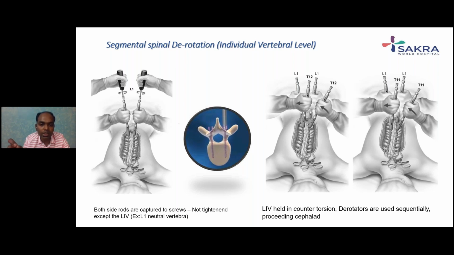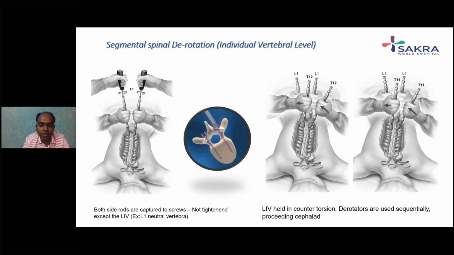For achieving this vertebral derotation, the screws should be monoaxial or uniaxial screws for a proper derotation. This derotation proceeds from distal to proximal, T12, T11 in that way, and it gives a very good derotation of each and every single vertebra.